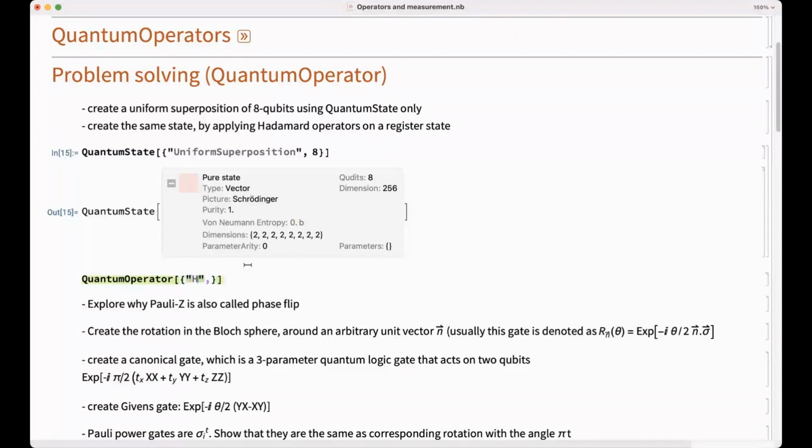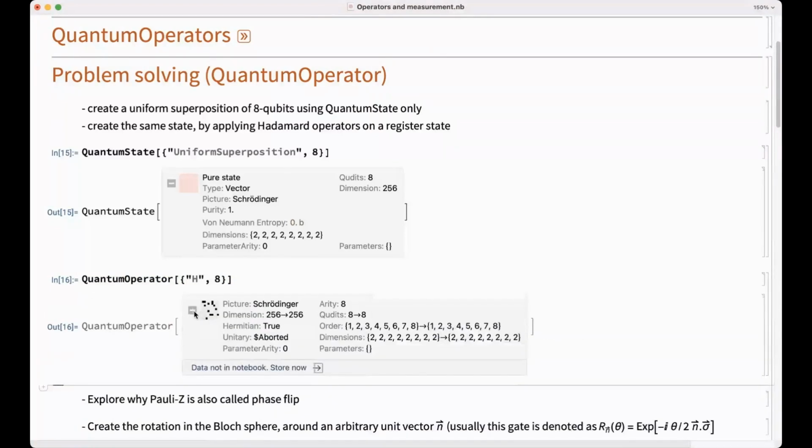There are two ways. Those of you who are familiar with a uniform superposition know you can create it by applying Hadamard. Here we are saying a Hadamard operator acts on 8 qubits.